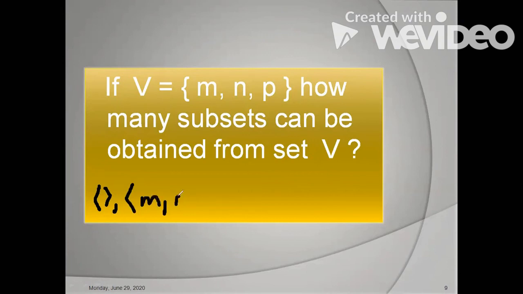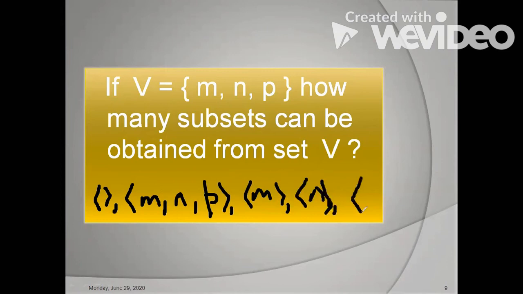M, N, and P, we can take M, we can take N, we can take P. So these sets you can take from set V. You can also take MN.